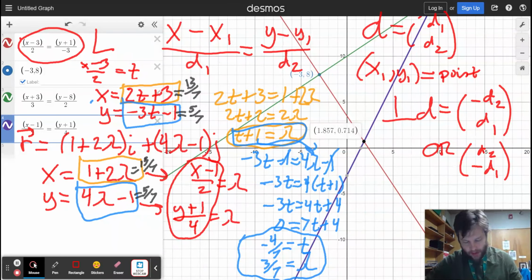Almost done. One last thing is writing the line that passes through the point T and the intersection between the line L and the line R. Find a vector equation of the line that passes through the point T and the intersection between line L and line R. Well, interestingly enough, it's got to have the exact same direction vector.